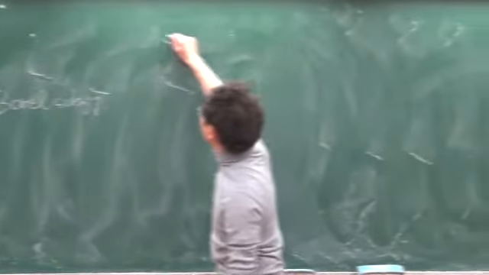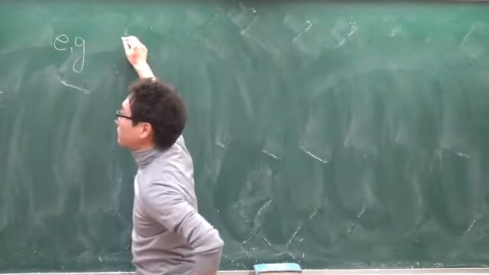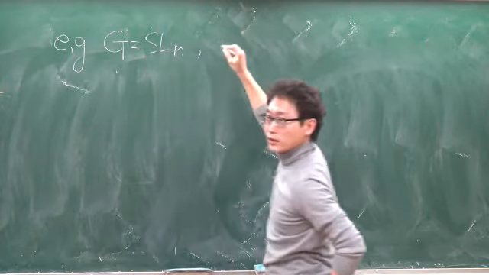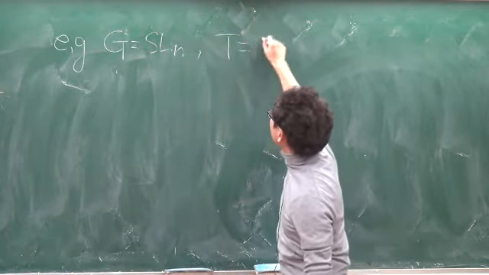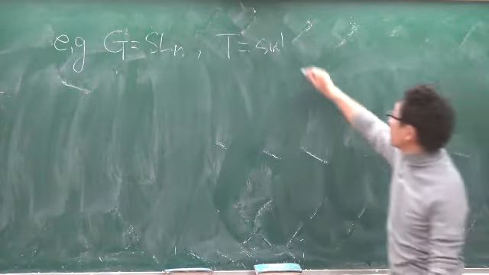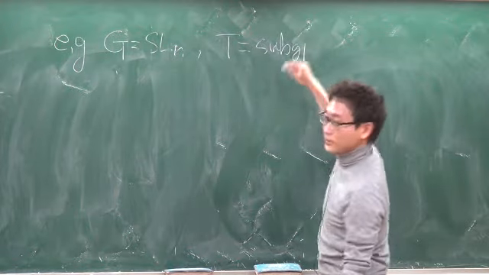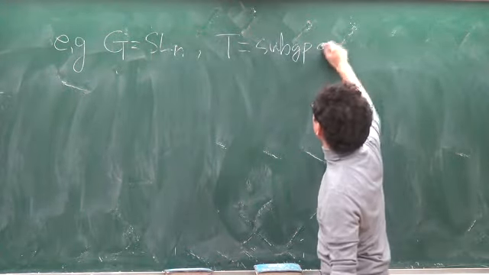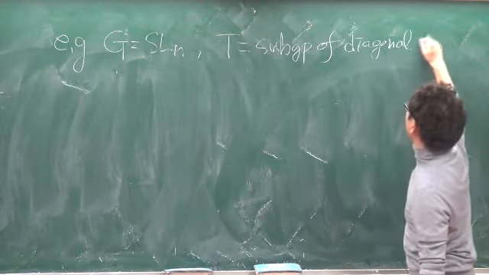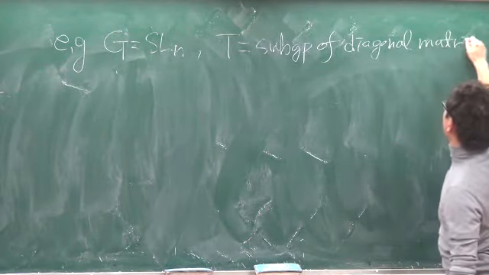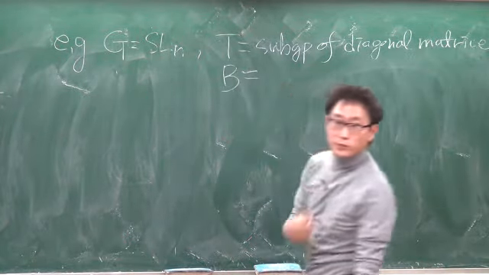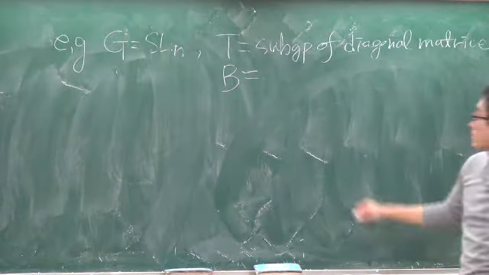So, for example, if G is SL_n, then T is the subgroup of diagonal matrices of determinant 1. And the Borel subgroup is the subgroup of upper triangular matrices.